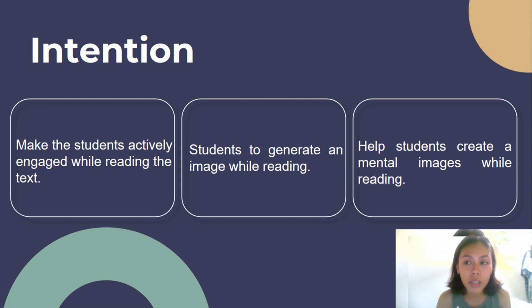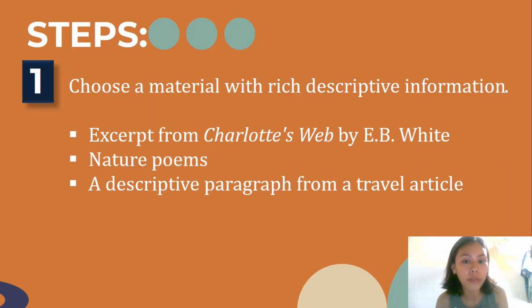And in using this kind of material, there are only 5 steps that you have to follow. And the very first step is to choose a material with rich descriptive information, meaning you have to select a text that uses vivid language or words that appeal to the senses, to the sight, touch, sound, taste, or smell.